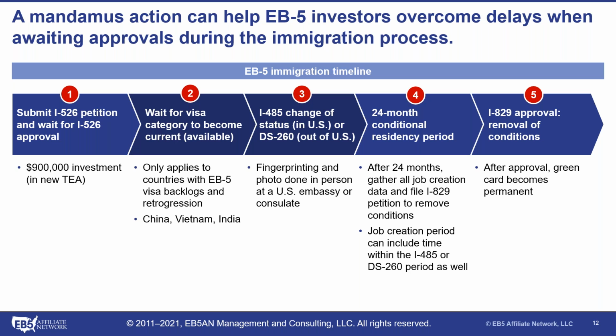And the way it typically works is we file a complaint in the nature of mandamus in a United States district court, either in the district in which the project is pending or in Washington, D.C. And what a mandamus is, very briefly, is a request that a court order an administrative agency to take an action it is required to take.